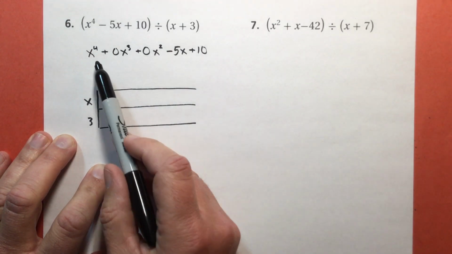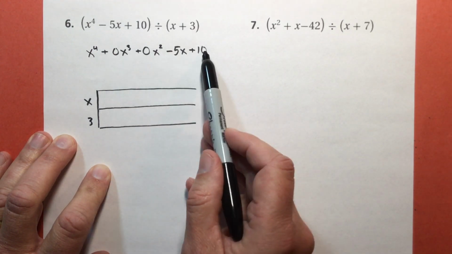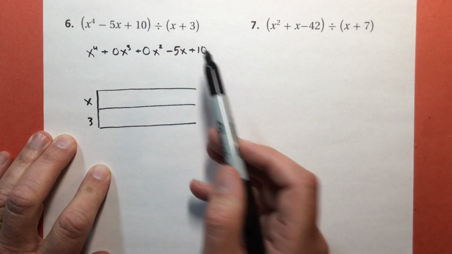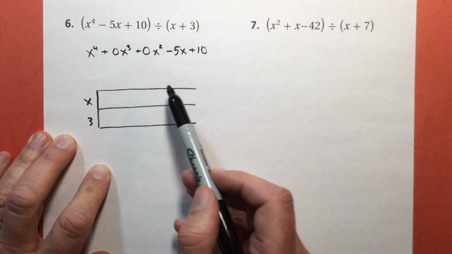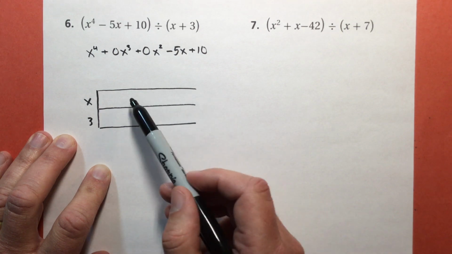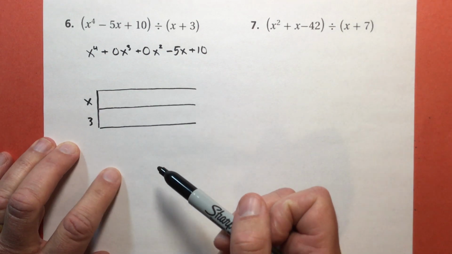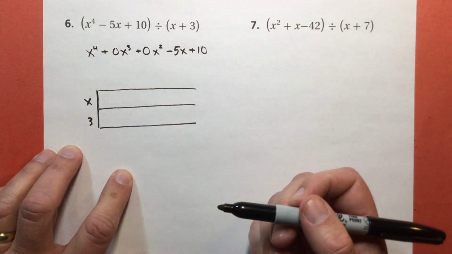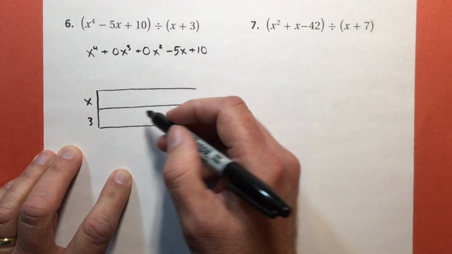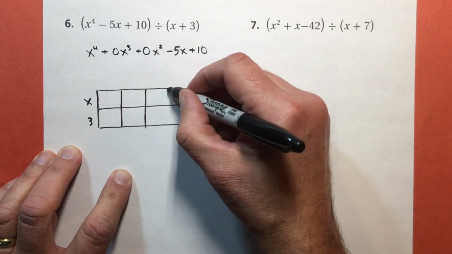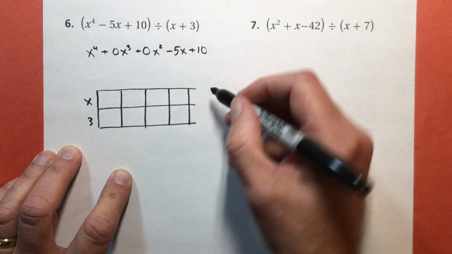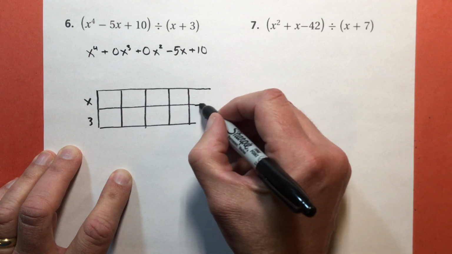Now the thing is that I'm going to have 5 terms here in my product. That means that I'm going to have 4 terms plus the remainder in my quotient, whenever I divide it. So I need 1, 2, 3, 4 terms plus the remainder.